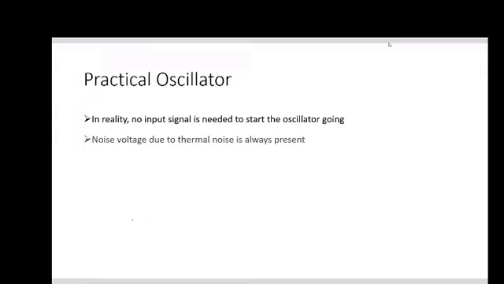Those are all the points listed here. No input signal will be given. We talked about a fixed voltage while discussing the criterion, but practically we can't give that fixed voltage, because that is an ideal story. Noise voltage will be there. Initially, beta A is set to be greater than 1.